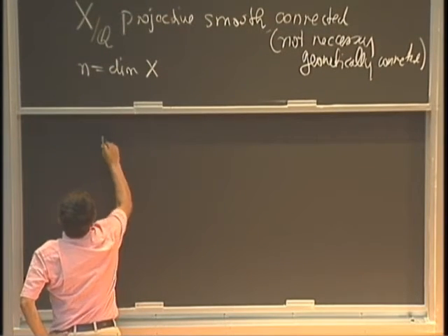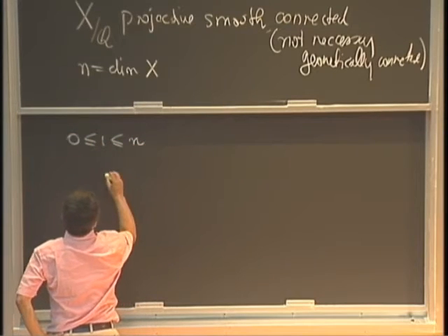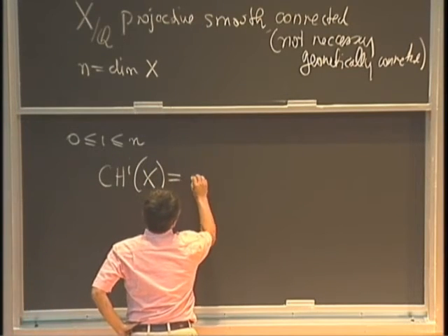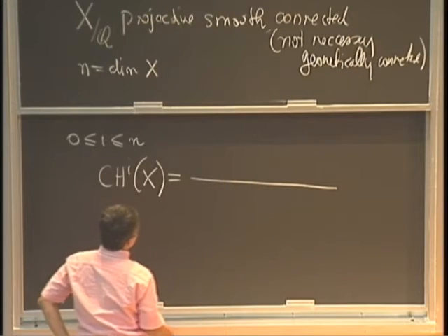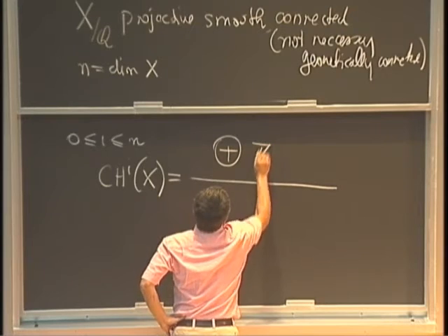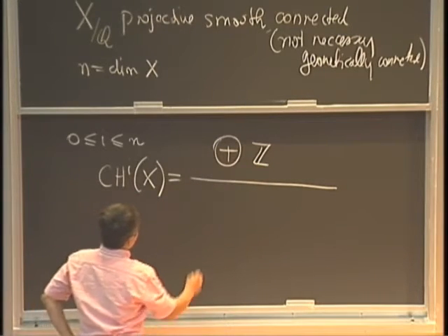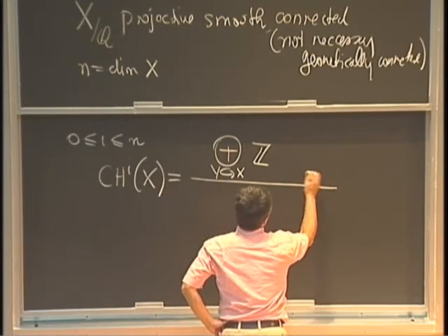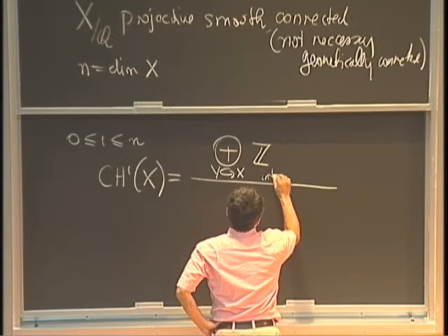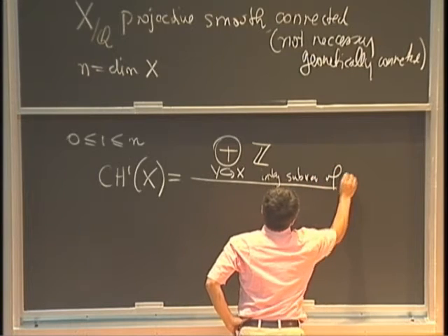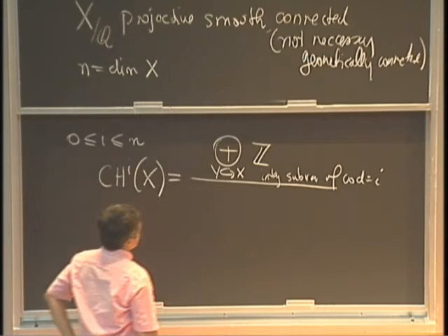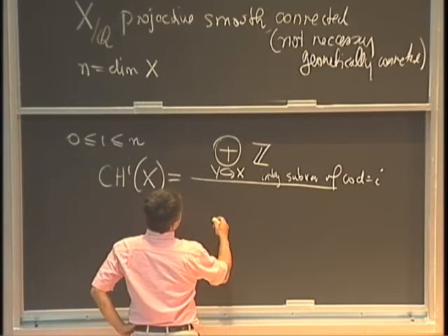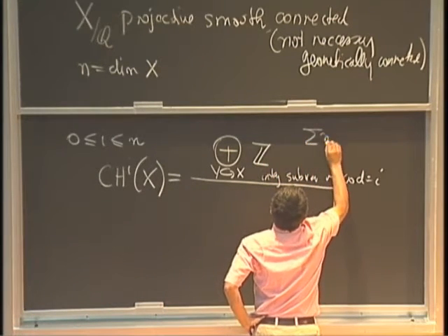So now for i between 0 and n, I have this distinguished group of Chow cycles. This is the free group generated by Y, an integral subvariety of codimension equals i, modulo the principal cycles. So every element of this one you can write as a summation of N_i Y_i.